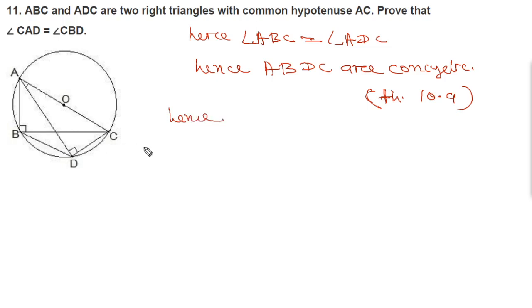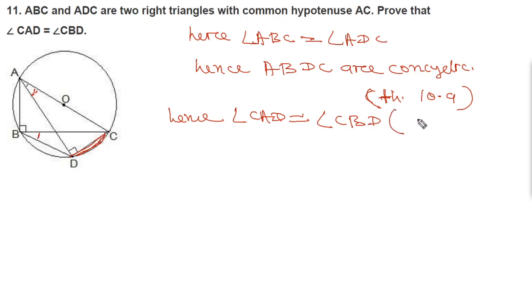Hence, as they are concyclic, angle CAD will be equal to angle CBD. Why? Because CD is a segment, and as A, B, D, C are concyclic, this segment will subtend equal angles, so this angle and this angle are the angles subtended by the same segment.